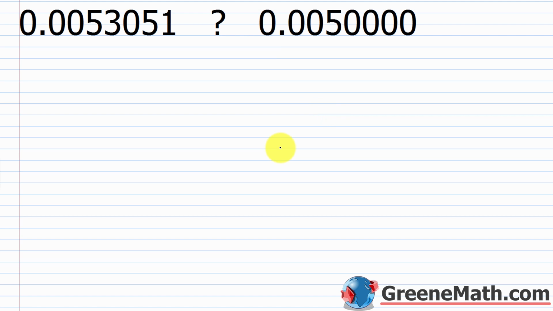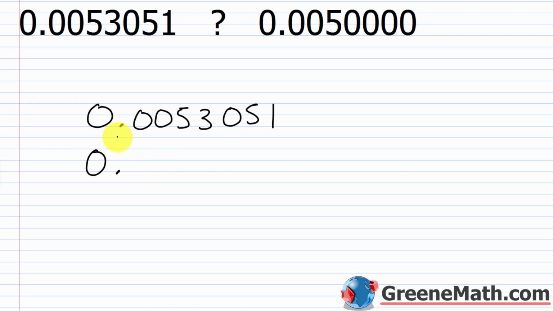So with that being said, let's compare our two decimals. So we have 0.0053051 and, again, lining up the decimal points, 0.005000. So everything is the same until we get to this right here. We have a 3 here and a 0 here.